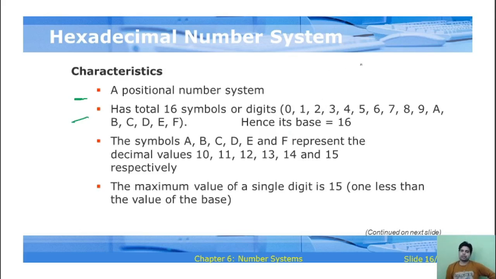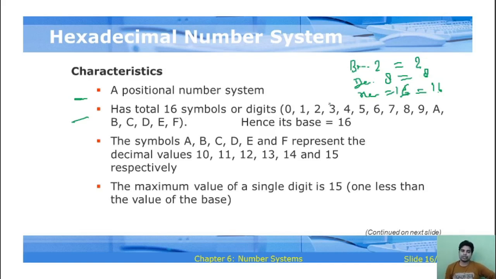So in binary the base is 2, in decimal the base is 10, in hexadecimal the base is 16. Clear? In binary the total digits are 2, in decimal 10, and in hexadecimal 16. So on the basis of the total digits or symbols, that particular base is considered. So 0 1 2 3 4 5 6 7 8 9, A B C D E F, hence its base is 16.